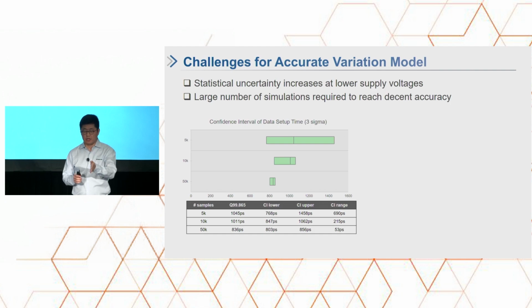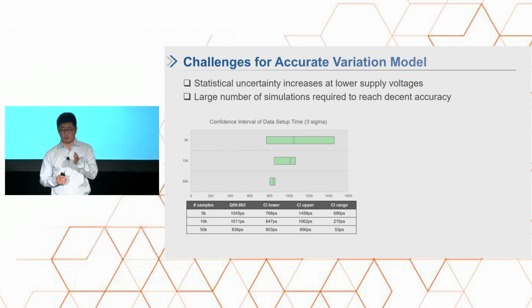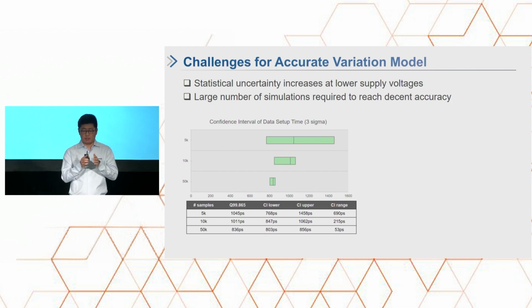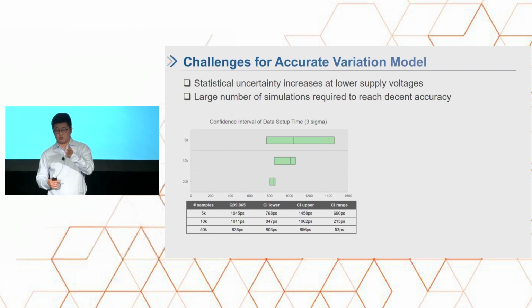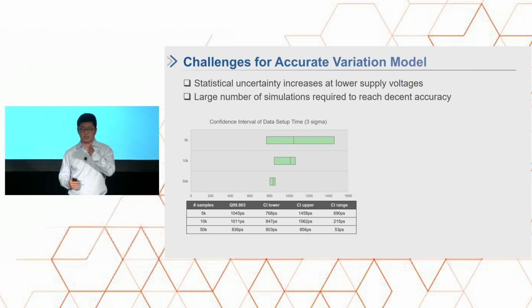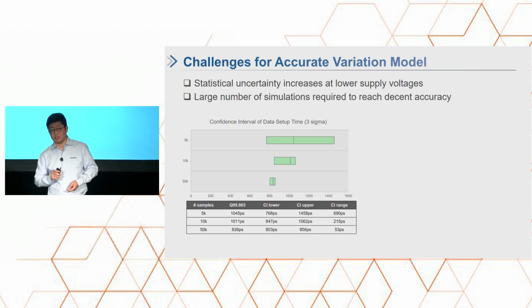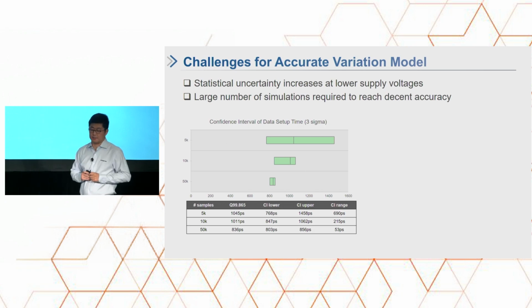When we get the sigma or some variation value this way, we also get a confidence interval because it comes from random samples. So the randomness will cause it to, we can predict it's likely here, but there's a range that it will lie in. So for example, we say 95% confidence level, it will lie within this green box range. And the vertical line in the middle is the actual value we get, right?